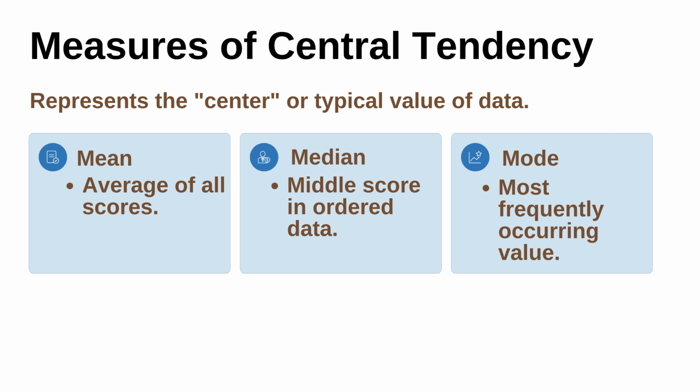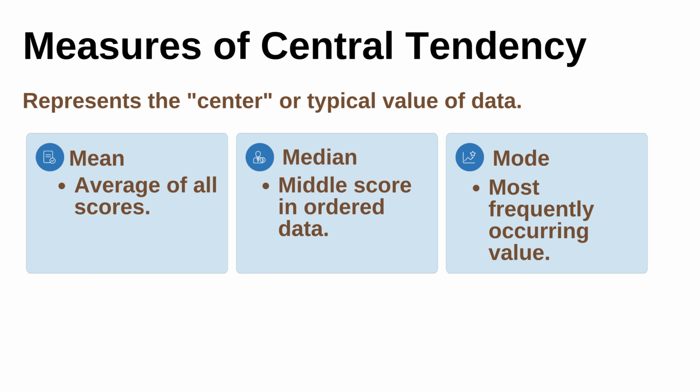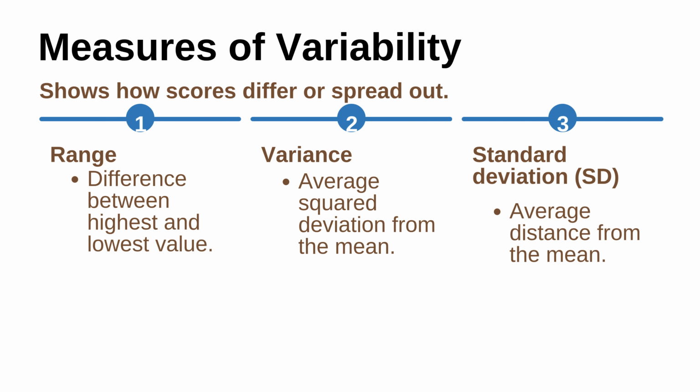Aside from the center, we also want to know how spread out the data are. That is where measures of variability come in. Measures of variability show how scores differ or spread out from the average or the mean.